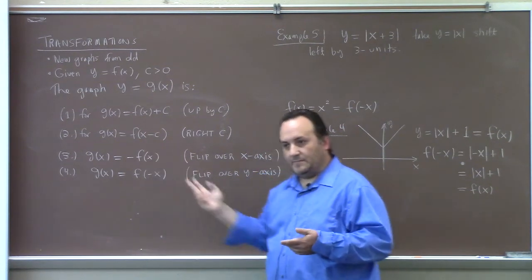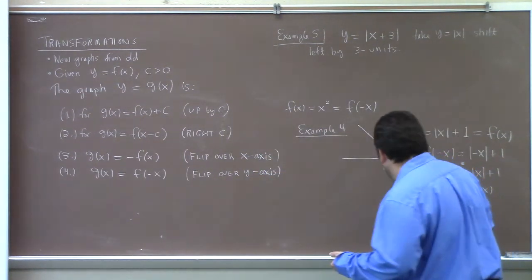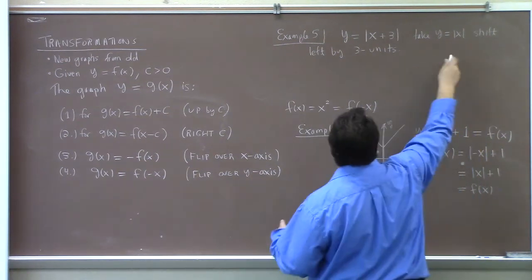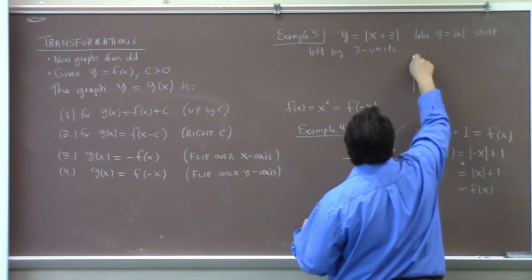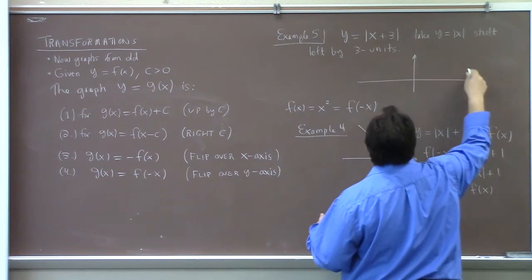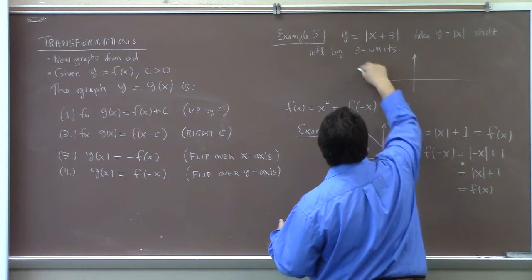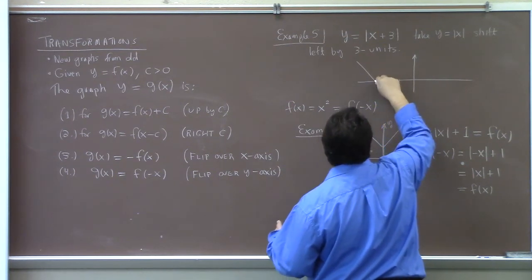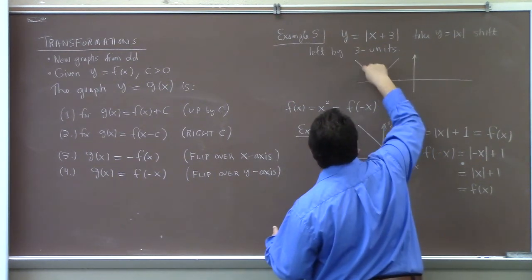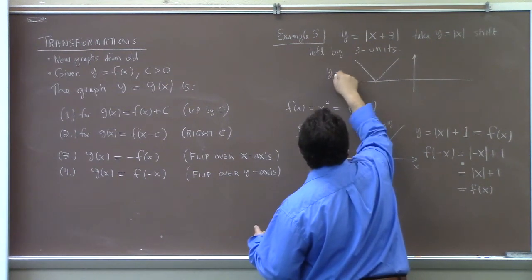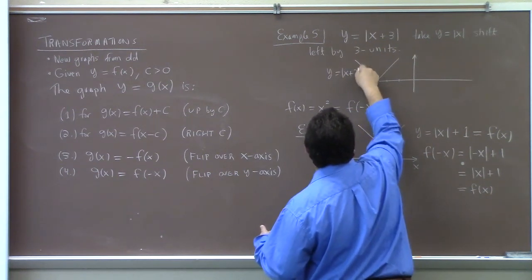We shift left 3. And of course, that looks like what? So there you go. This is y equals absolute value of x plus 3.